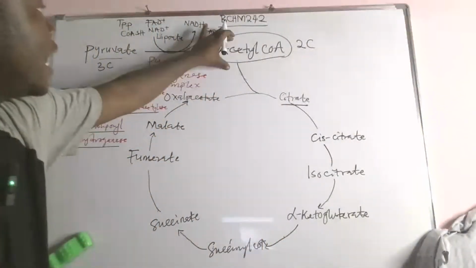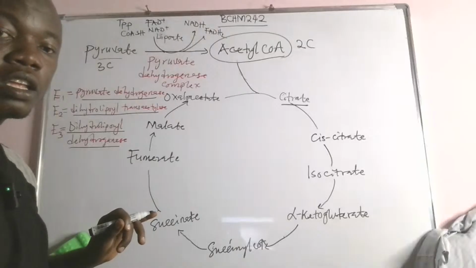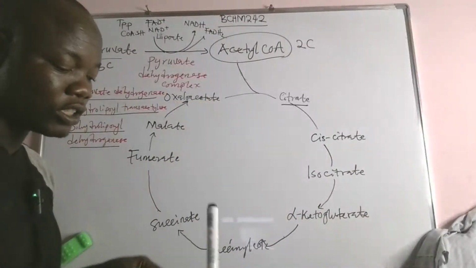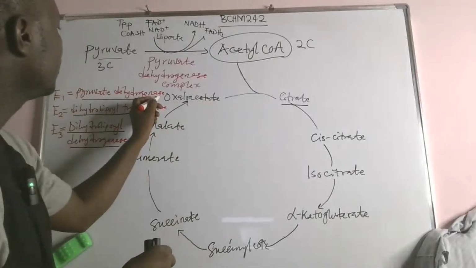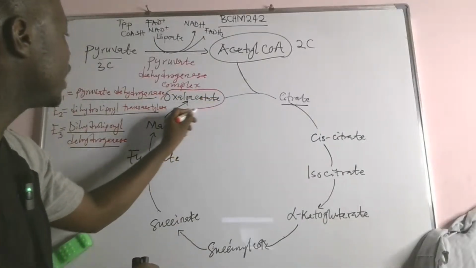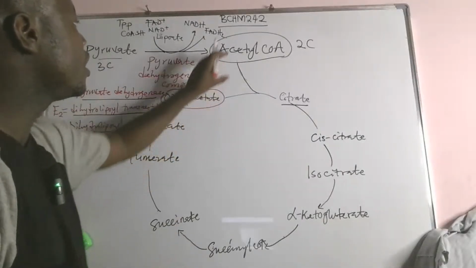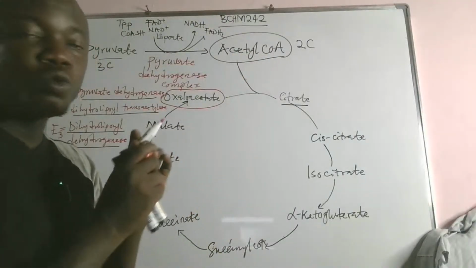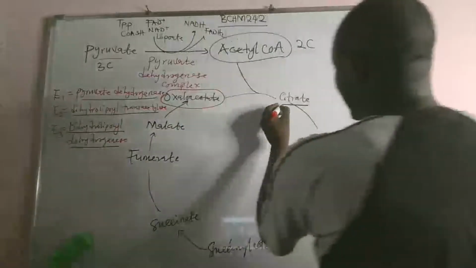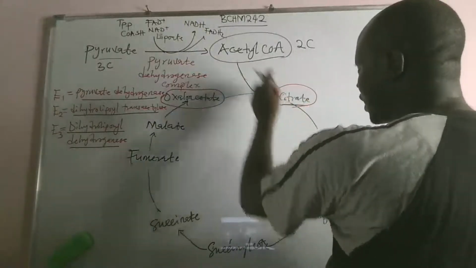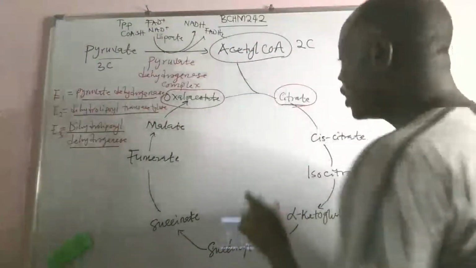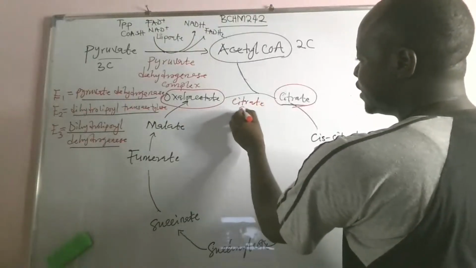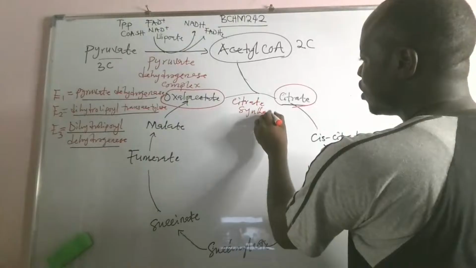When you have acetyl-CoA react, as you can see from here, this is oxaloacetate. So the acetyl-CoA and oxaloacetate will combine together to form citrate. And the enzyme that does this work, that converts these 2 molecules together, is called citrate synthase.